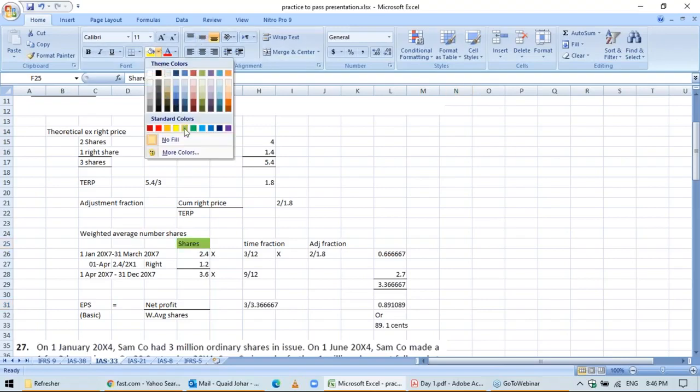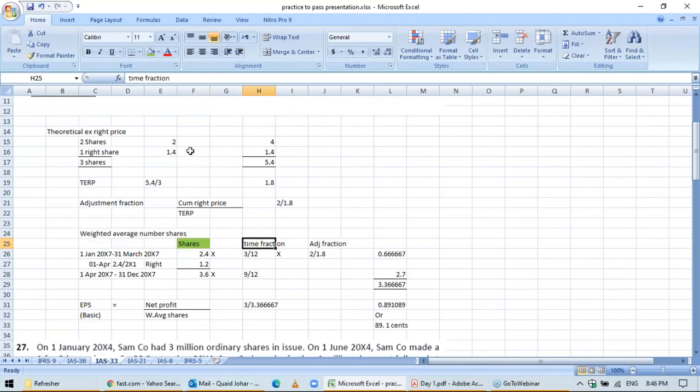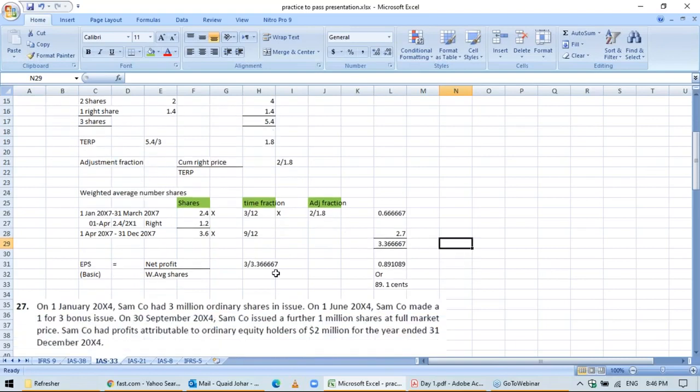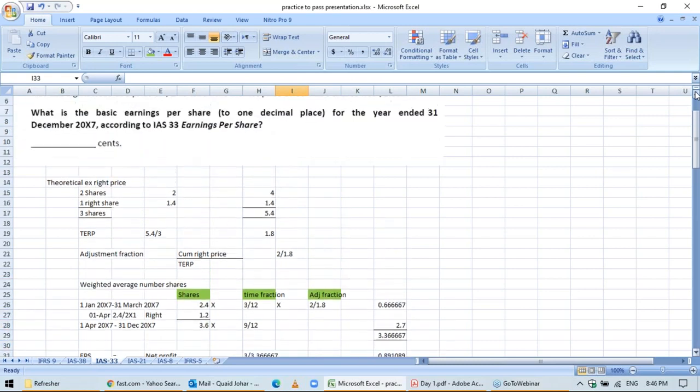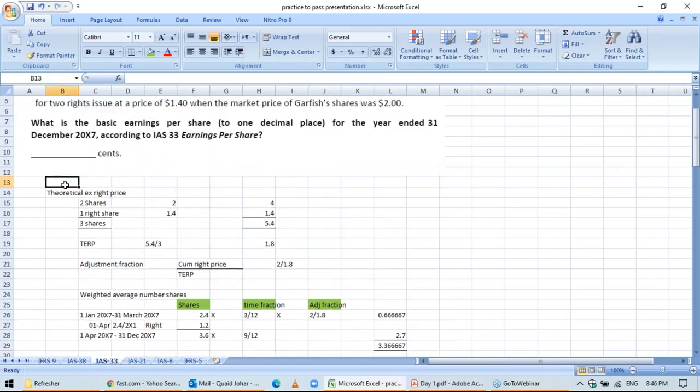So remember this working. We will take the number of shares multiplied by the time fraction and multiplied by the adjustment fraction. Till when will you multiply with the adjustment fraction? Until the right issue has occurred. So the answer to this question is 89 point 1 cents.